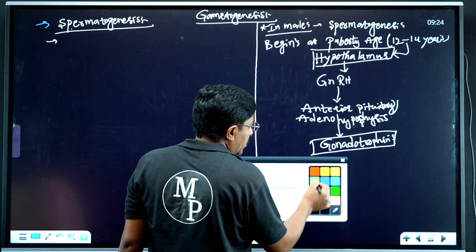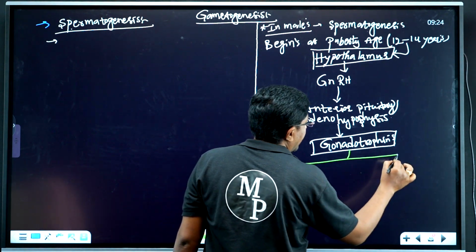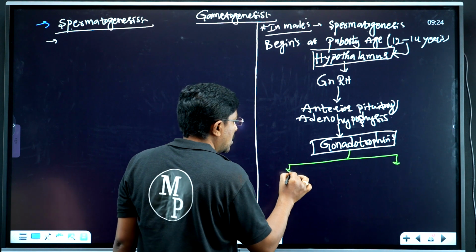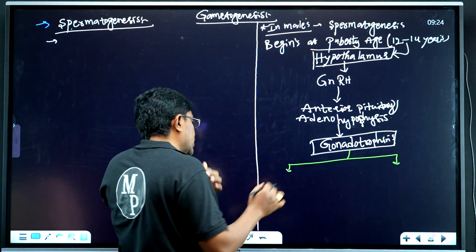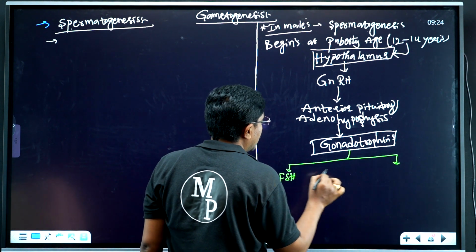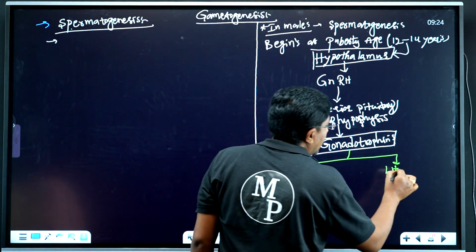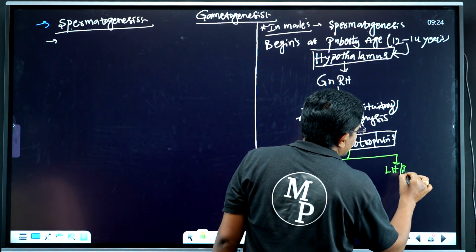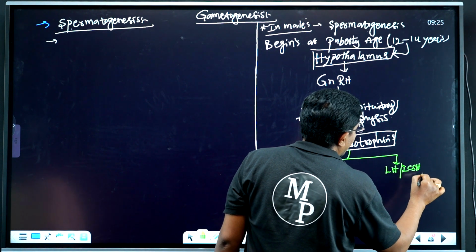One gonadotropin is FSH, follicular stimulating hormone, and the second gonadotropin is LH, luteinizing hormone. The luteinizing hormone is also called interstitial cell stimulating hormone.